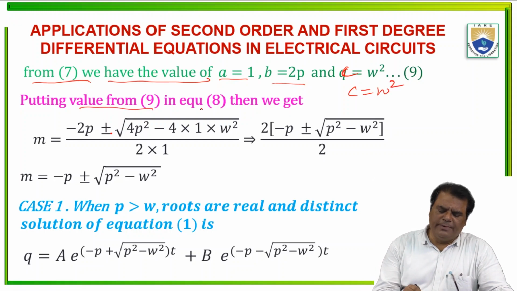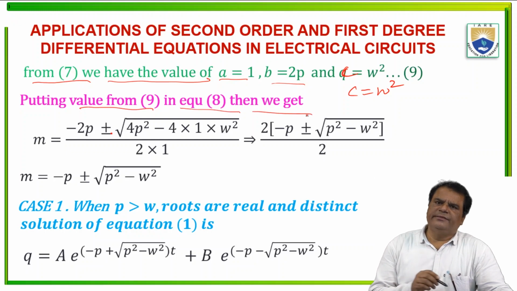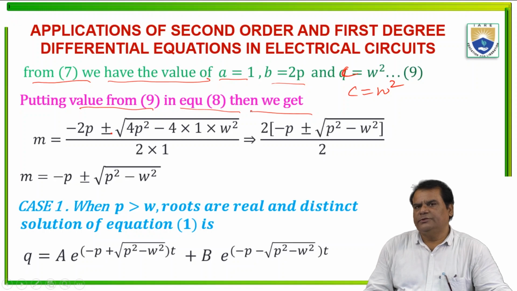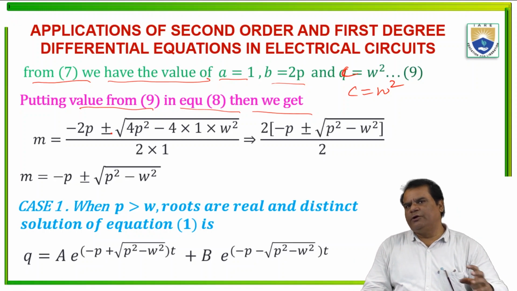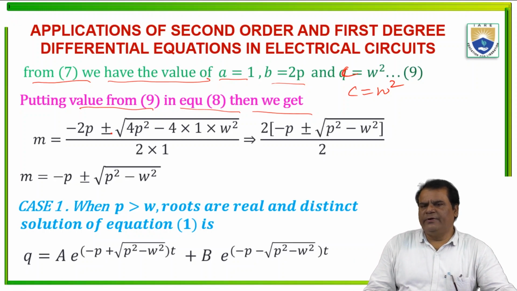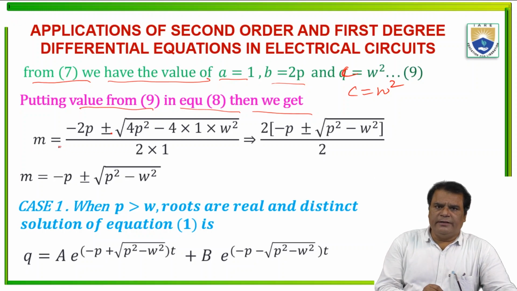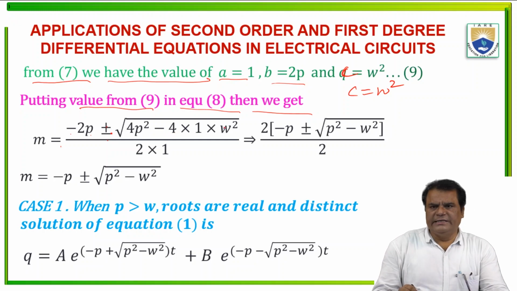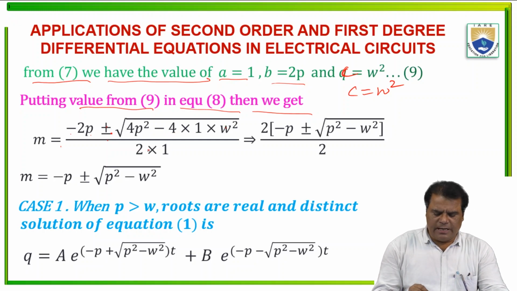Putting values from 9 in equation 8, the Sridharacharya formula, putting the values of a, b, c, we find the roots. So M equal to minus 2p plus minus under root of (2p) square, that is 4p square, minus 4a c, where c is w square, upon 2a.